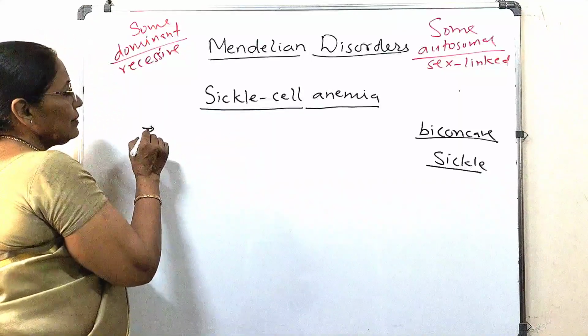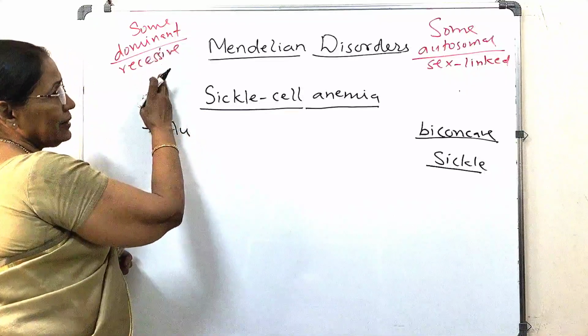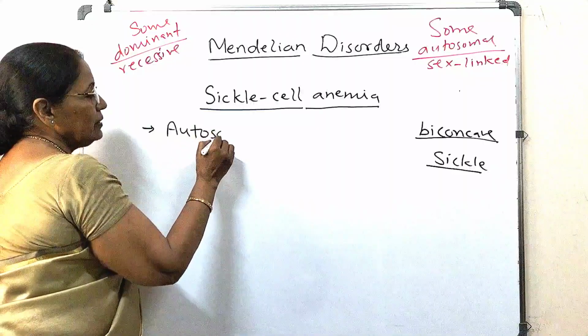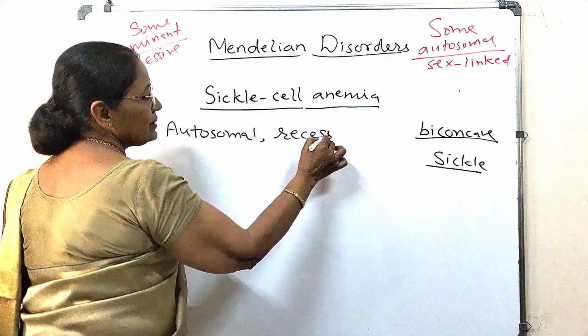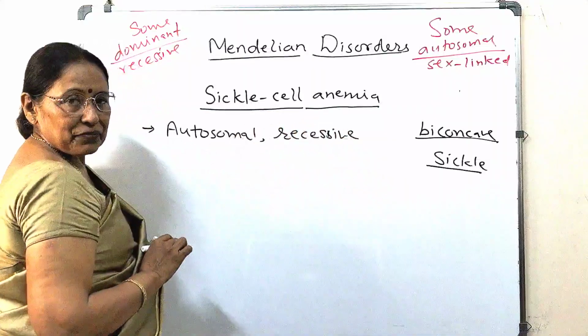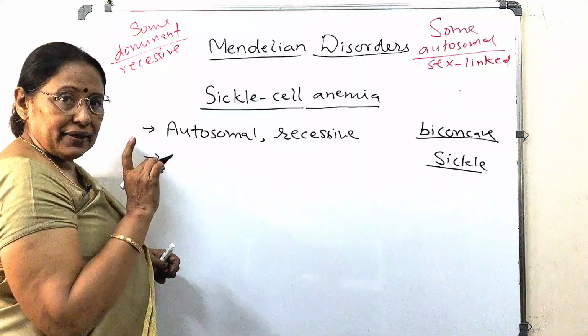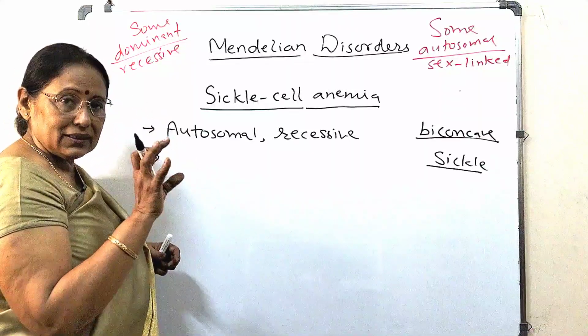Sickle cell anemia, ये तो याद रखना है, ऑटोसोमल डोमिनेंट है कि रेसेसिव, ऑटोसोमल और सेक्स लिंक्ड. It is autosomal recessive disease. An offspring can be affected only when both parents are carrying the recessive allele.